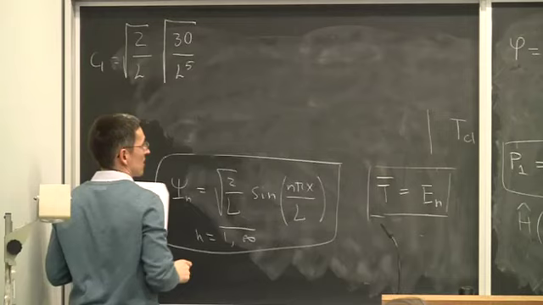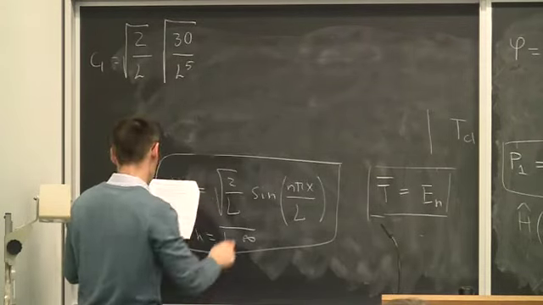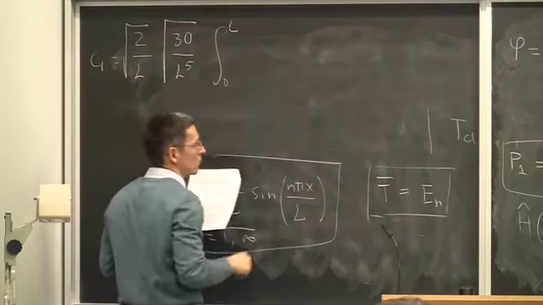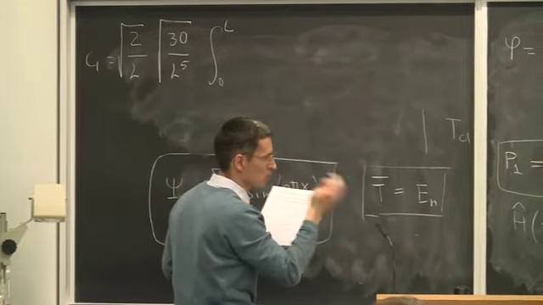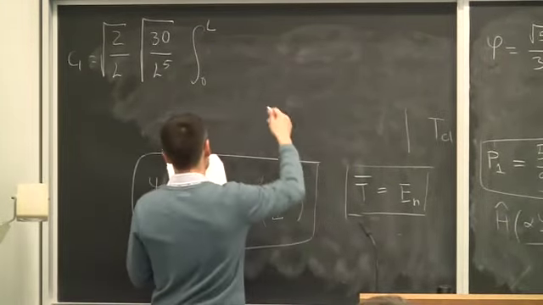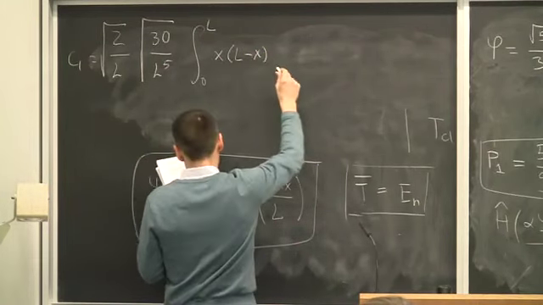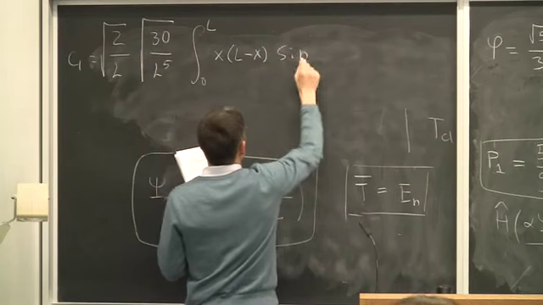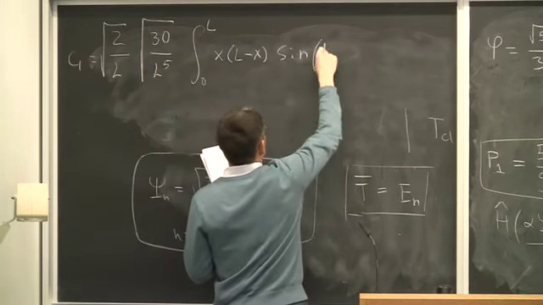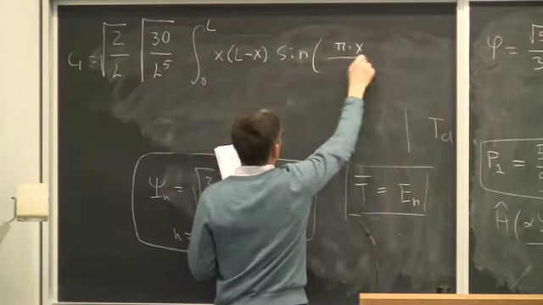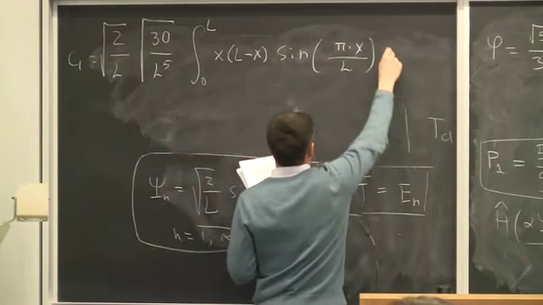That's from our function phi. And then here we have 0 to L. We don't need to consider the whole range from minus infinity to plus infinity. Then our function, sine of 1 pi x, and the 1 can be removed. Right, so that's the integral you need to consider.